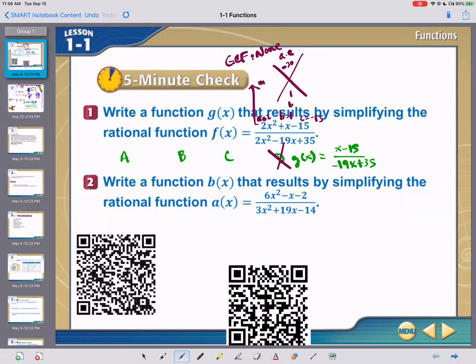So now we're looking for these 2 numbers. The factors of 30 are, let me switch colors, 1 and 30, 2 and 15, 3 and 10, 4 doesn't go in, 5 and 6.